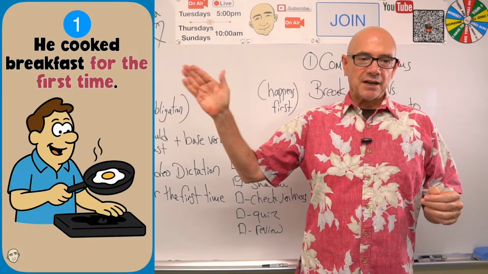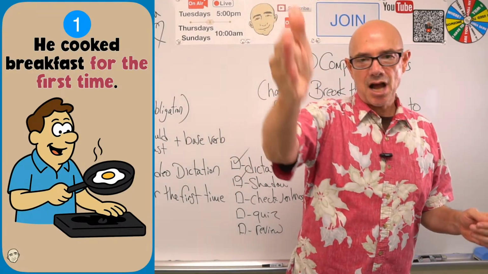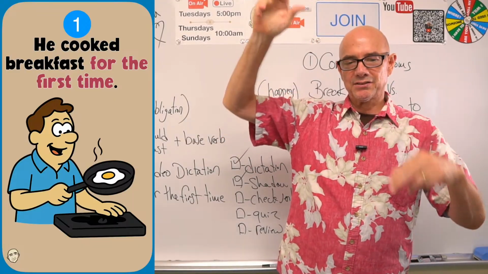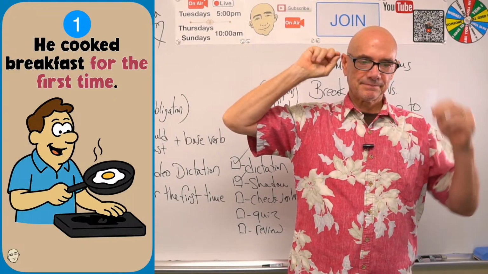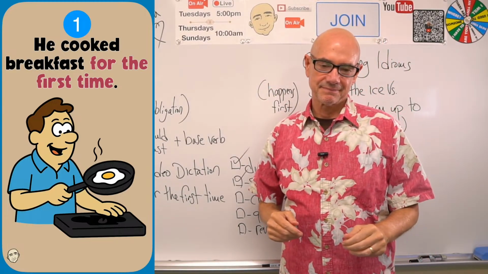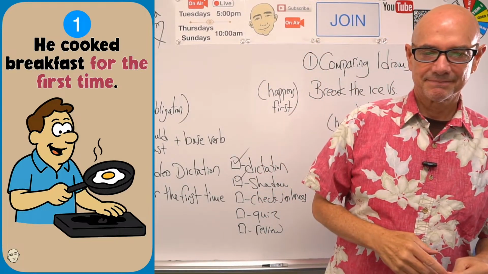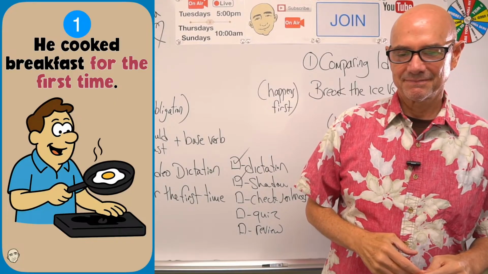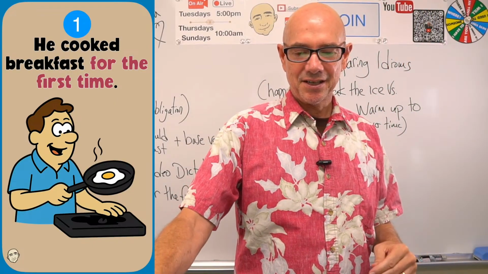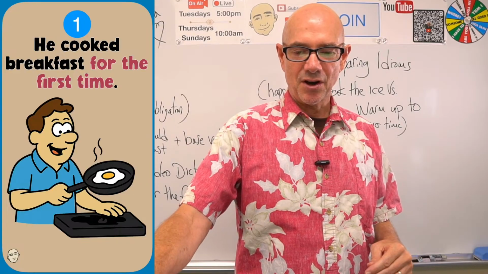He cooked breakfast for the first time. How did you do? If you got it right, shoot some hearts. Okay, Helga got it. Nice. You can also shoot some hearts like that.